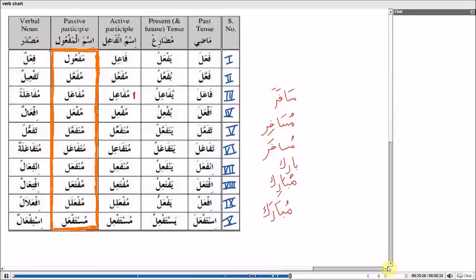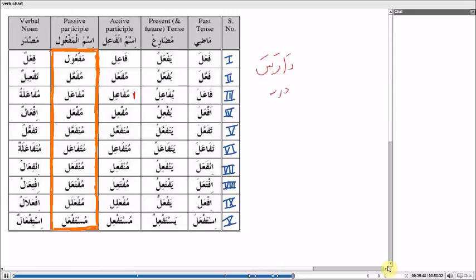Right? We have darrasa, meaning to make someone study. We have darasa, to study. Darrasa is the one who, no, let me see. Yeah, the one who teaches.